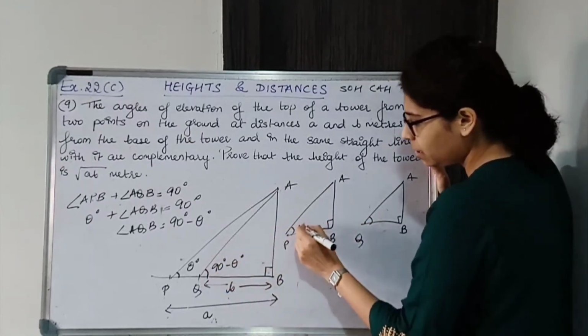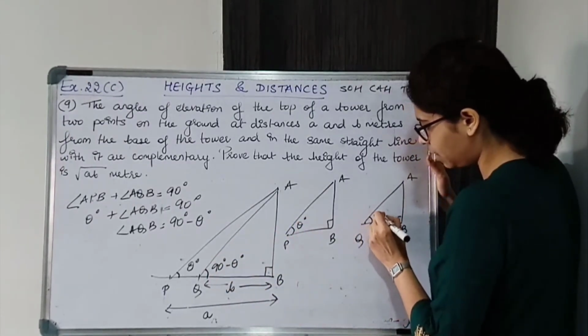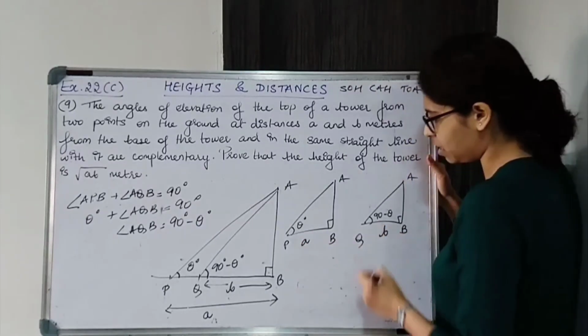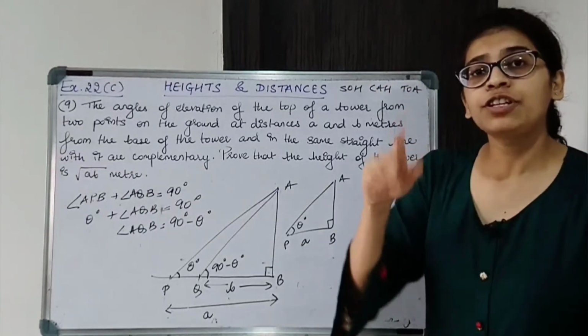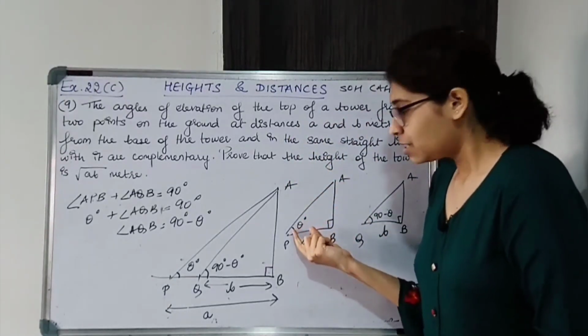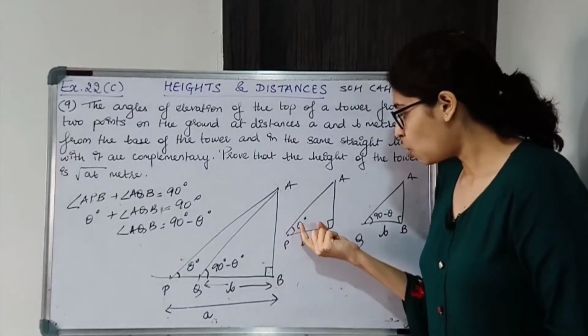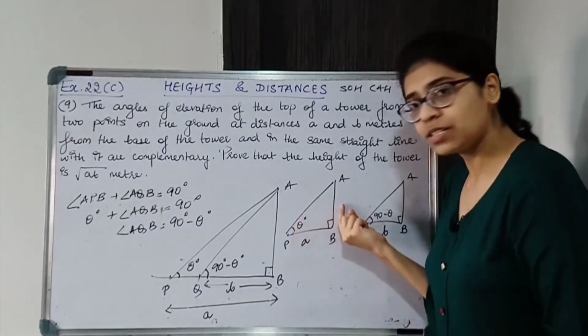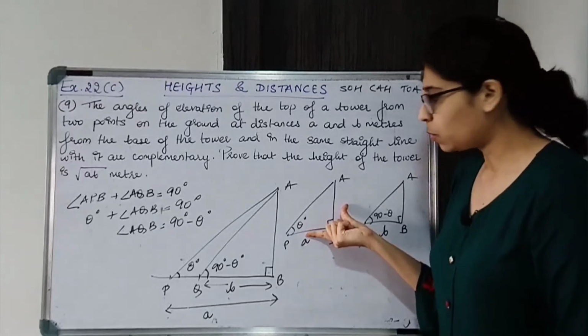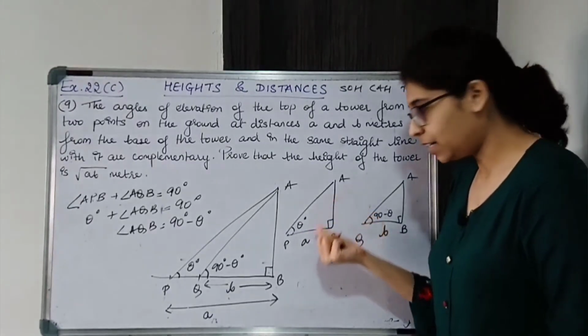Now angle APB is theta, this is 90 minus theta, and PB is A meters, this is B meters. Now which trigonometric ratio to take to relate the height and the distance? This is the angle of elevation, so this is the opposite side and this is the adjacent side. I want to relate these two. Okay, I want to relate the height with A.